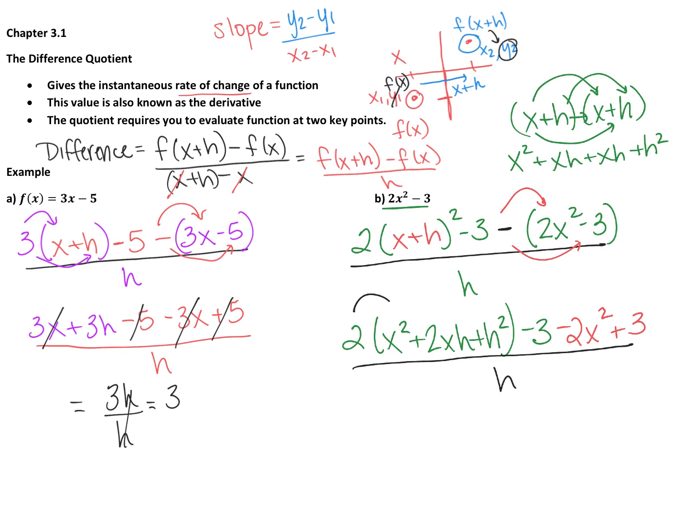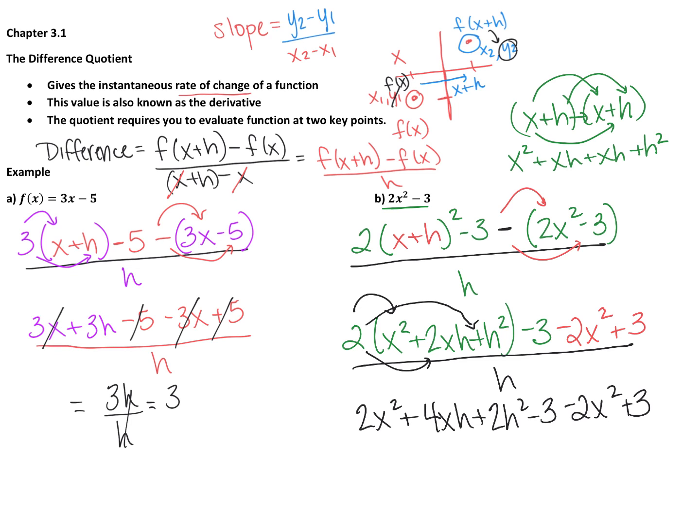So we have this 2 in the front, so we need to distribute it here, here, and here. So there I get 2x squared plus 4xh plus 2h squared minus 3 minus 2x squared plus 3. All of that divided by h again.